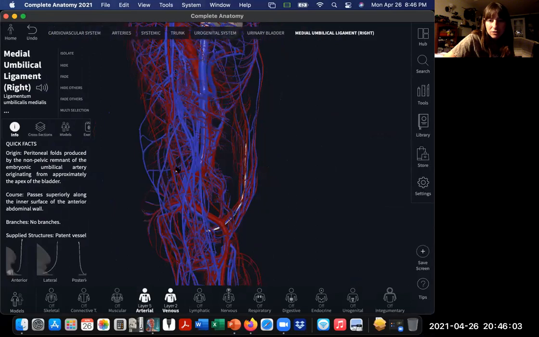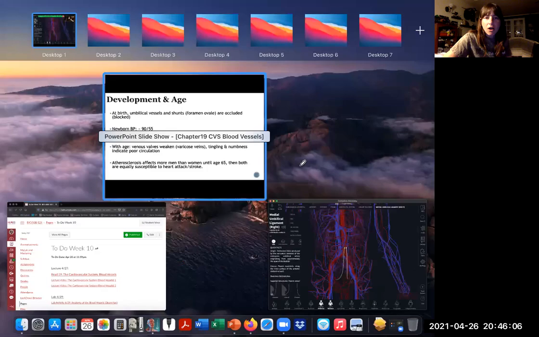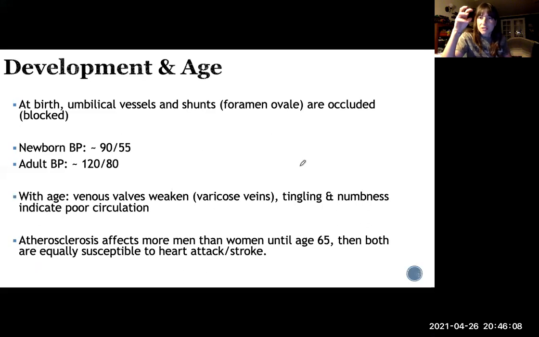You also have these shunts or holes in the septum and the ventricular and the atrial septums of the heart because you're not using the lungs. So the blood kind of just goes round and round the systemic circuit and ignores the pulmonary circuit until after you're born.